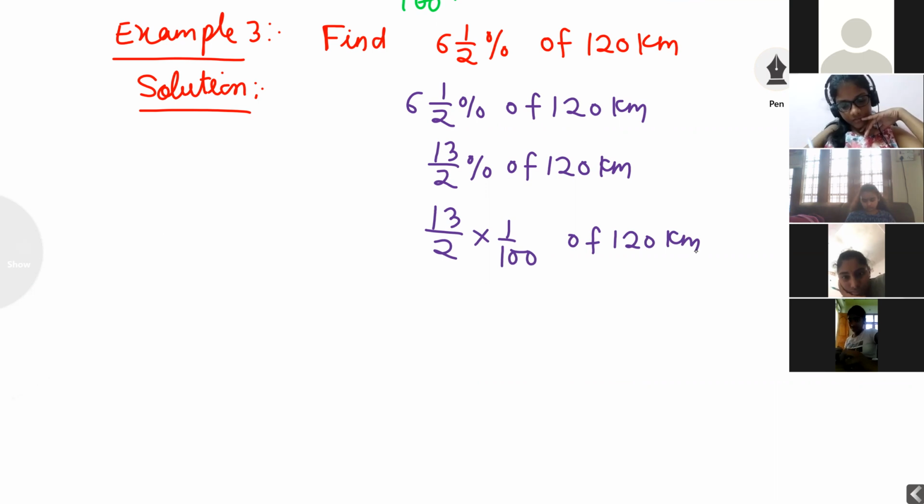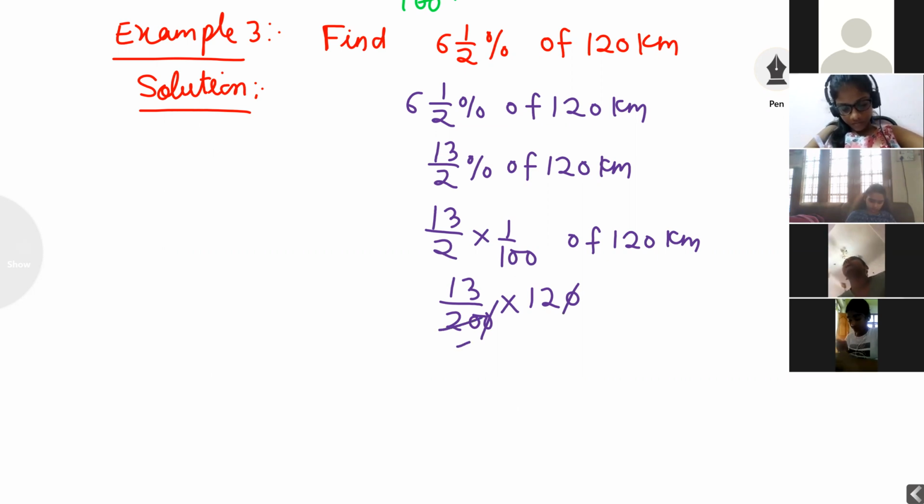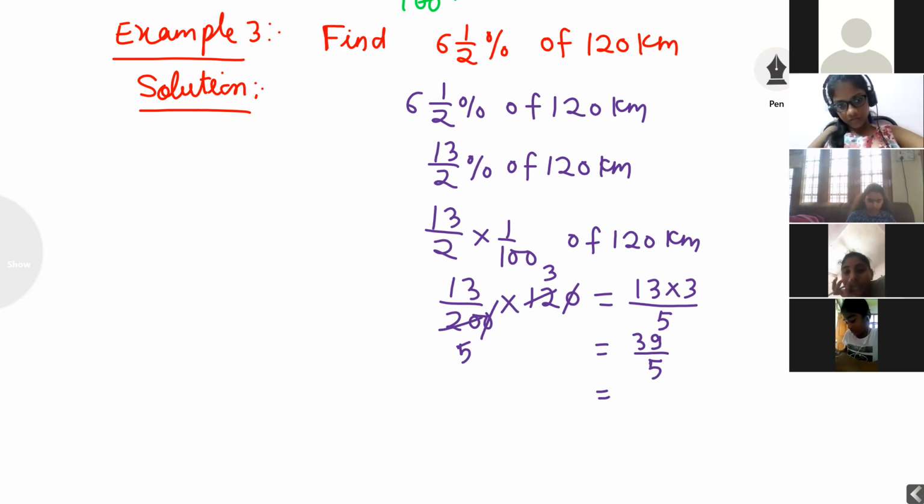This we can write as 13 by 200 into 120. 10, 10 cancel. 4 5s are 20. 4 3s are 12. 13 into 3 divided by 5. 13 3s are 39 divided by 5. 5 7s are 35.